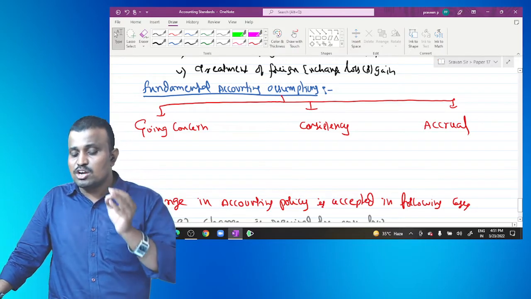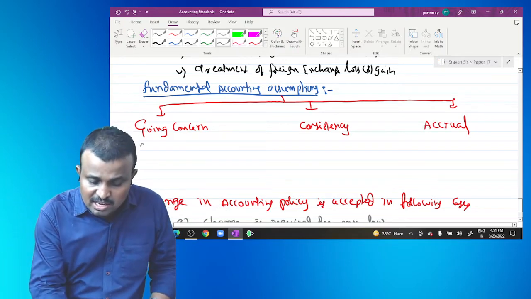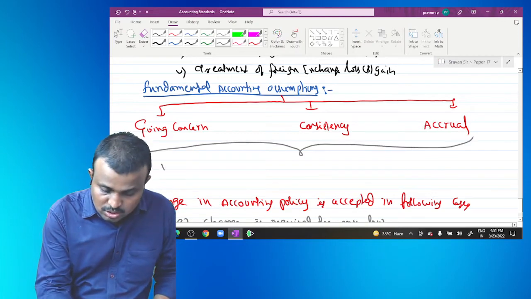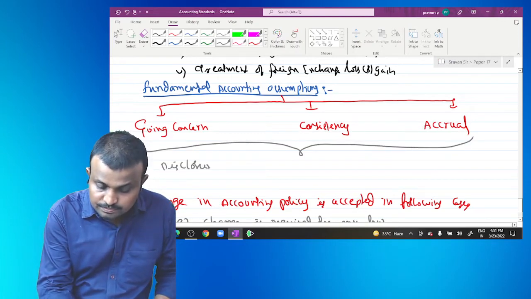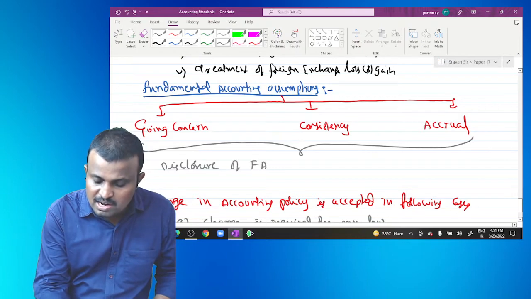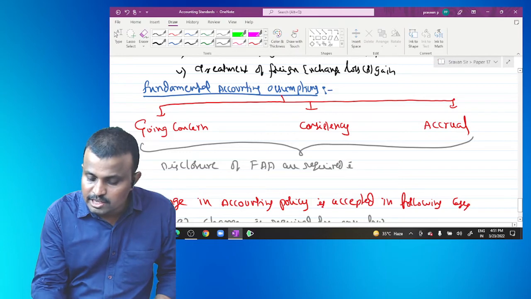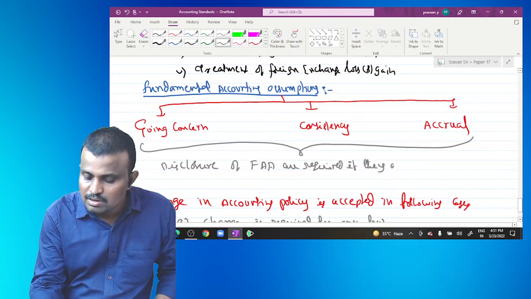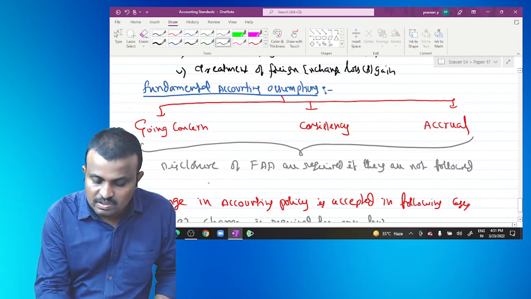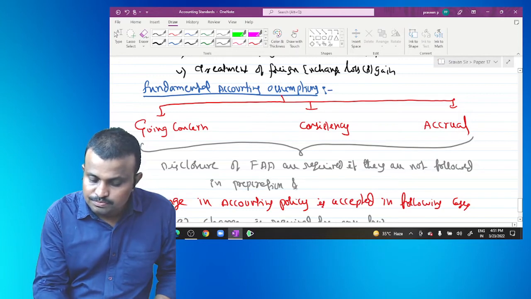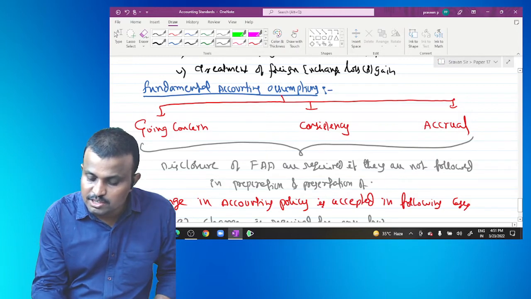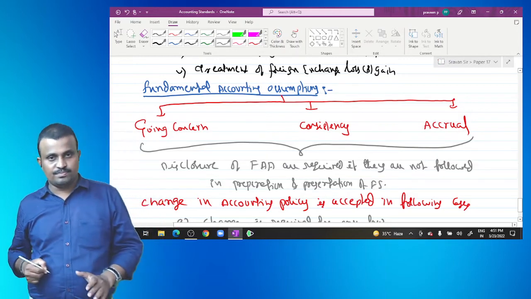The disclosure of fundamental accounting assumptions is required if they are not followed in the preparation and presentation of the financial statements.